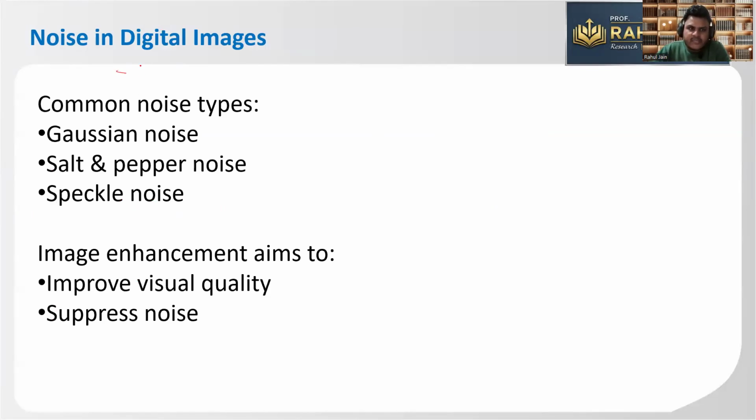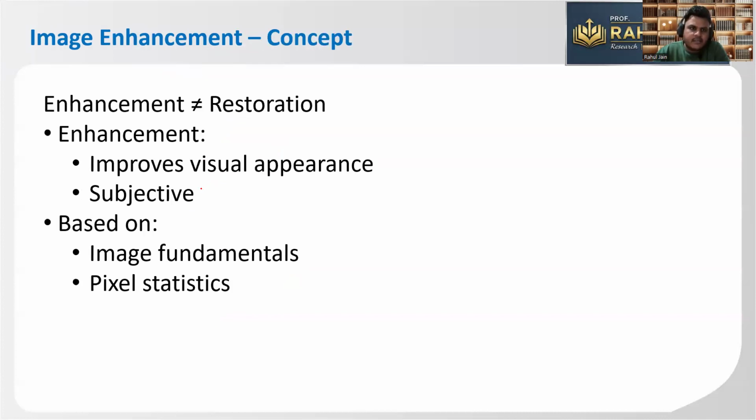So if I talk about noise in digital images, then there could be noise in the image. The different types of noise are Gaussian noise, salt and pepper noise, and speckle noise, and image enhancement aims to improve the visual quality and suppress the noise so that the quality of the image can be visualized better, right?